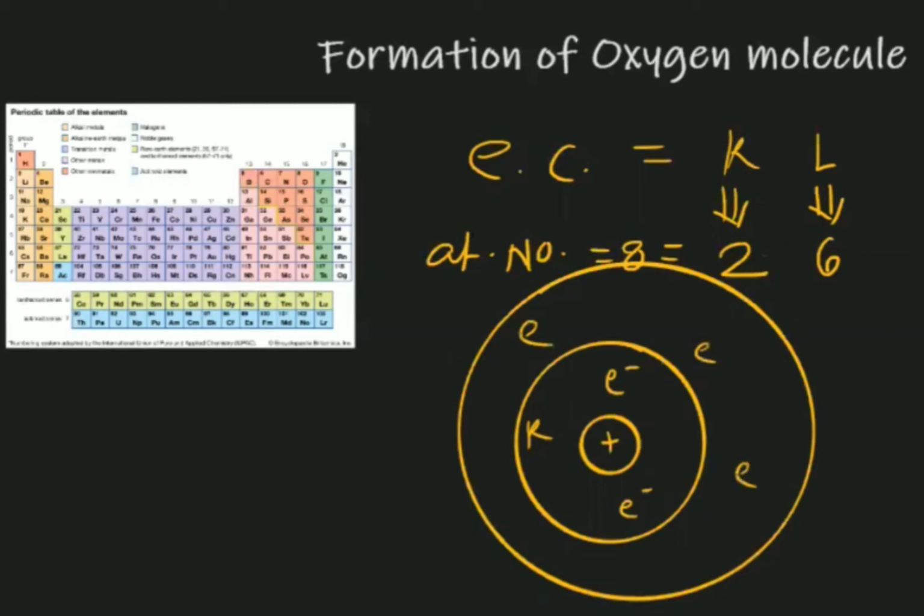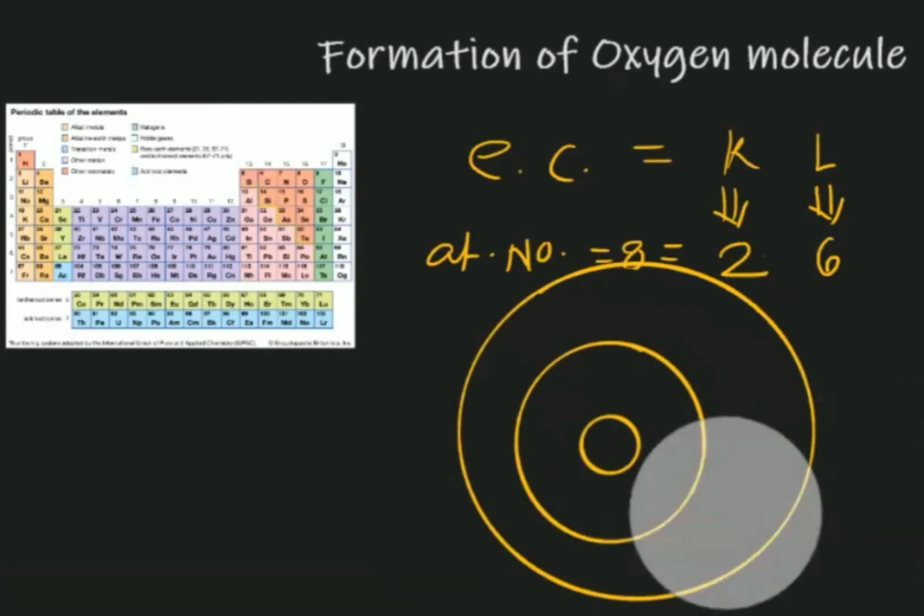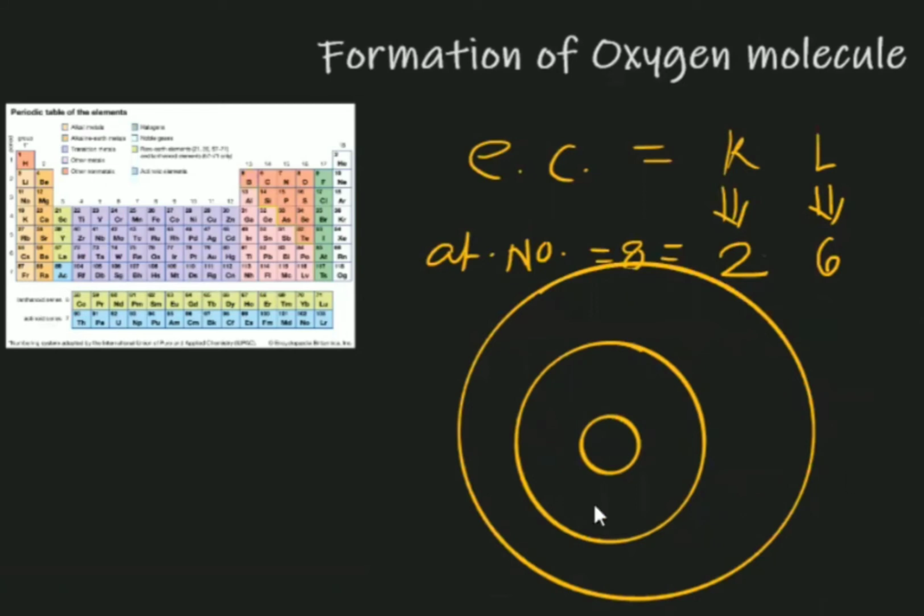1, 2, 3, 4, 5, 6 electrons, which will always have a negative charge. It means that 6 electrons are present in its outermost shell and it requires 2 more electrons. That is its need. It needs 2 more electrons to fulfill its stability. So let's see how the electrons can be shared between the atoms and how the oxygen molecule can be formed.